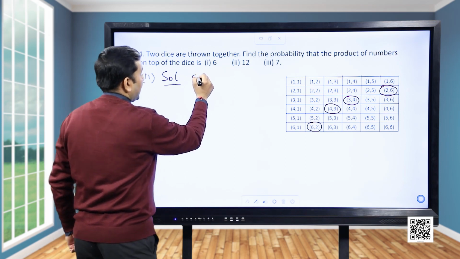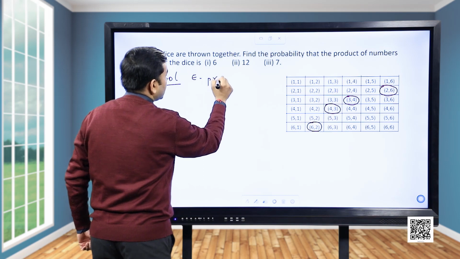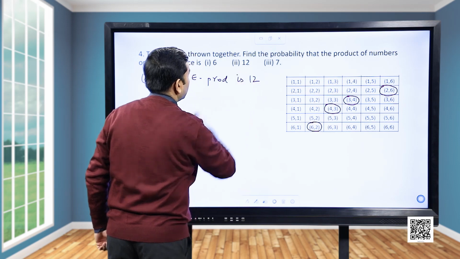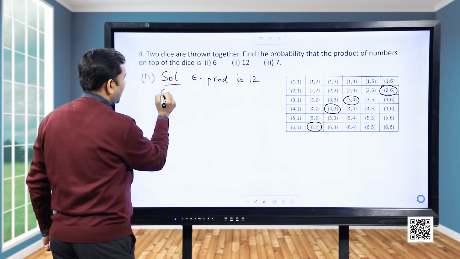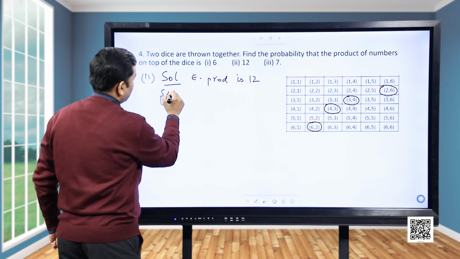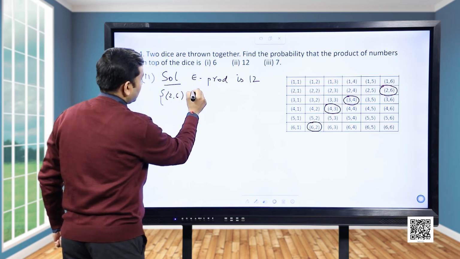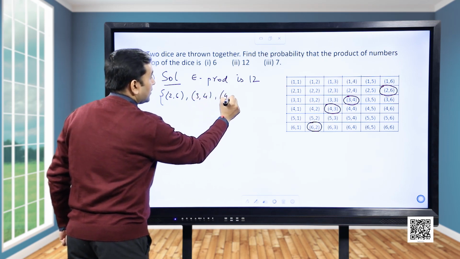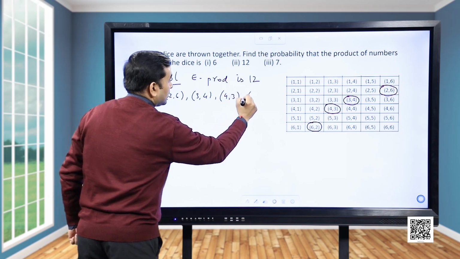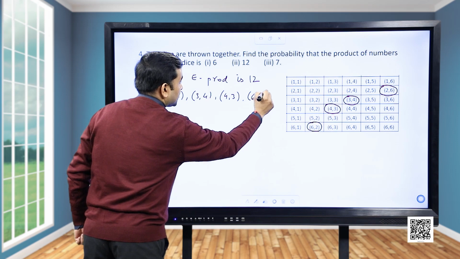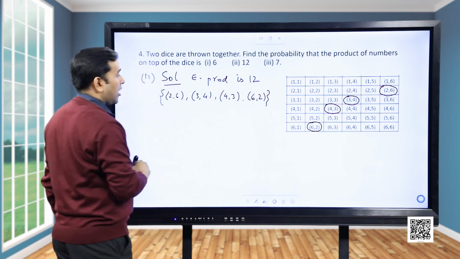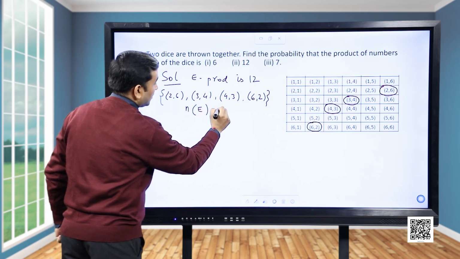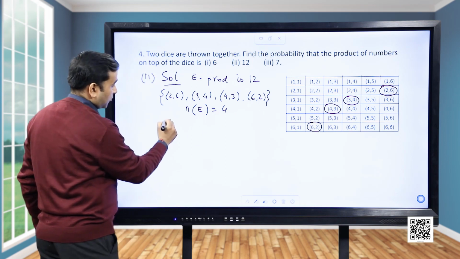First of all, let E be the event that the product of numbers is 12. So what is our sample space? Sample space is (2,6), (3,4), (4,3), and (6,2). And how many are these? So we have n(E), the number of favorable outcomes, equal to 4. What is our required probability?